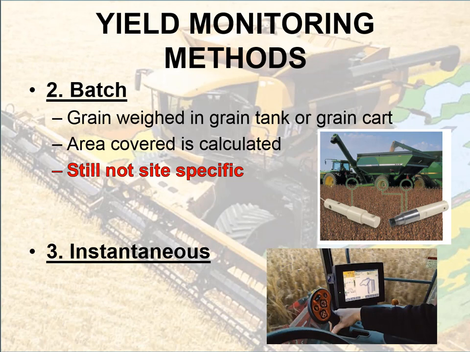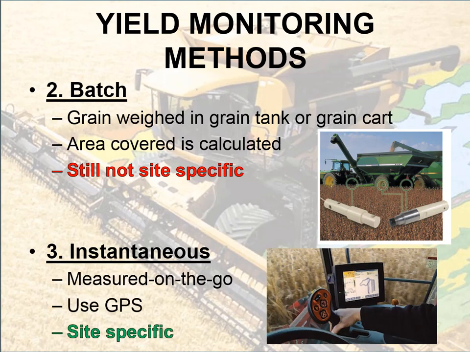So it's a little bit smaller, a little bit better estimation of yields, but these are still not site specific. We don't know what parts of that strip or area were good and which ones were worse. Once again, we don't see a lot of that anymore. You still see it, but we really need the technology to see those differences in the field.